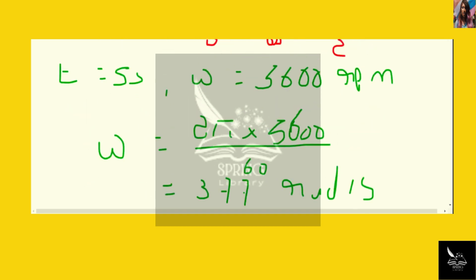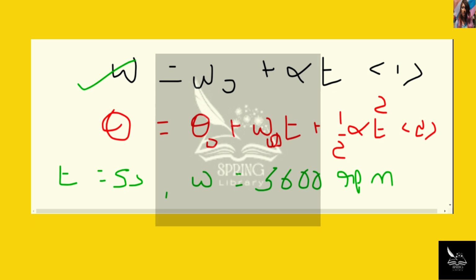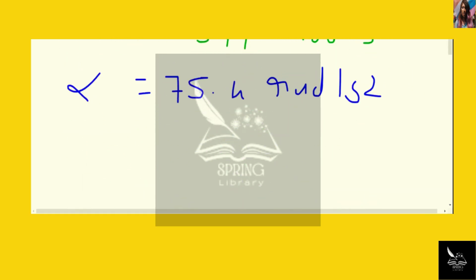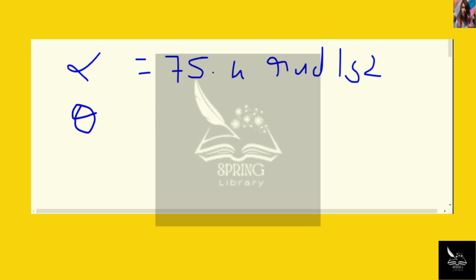Now in equation 2, we are putting omega 0 as 0 and alpha as 75.4, so we are able to get the theta value. By putting all the values, theta will be equivalent to 150 revolutions.